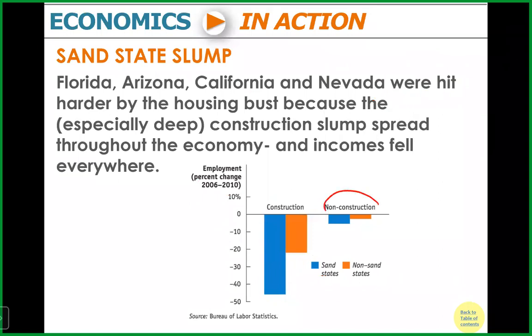It shows up in the non-construction sector. If there's no multiplier, then whatever happened in the construction sector won't have an impact on the non-construction sector, right? But why do you see a change in the non-construction sector, or why is the non-construction sector also suffering job loss?